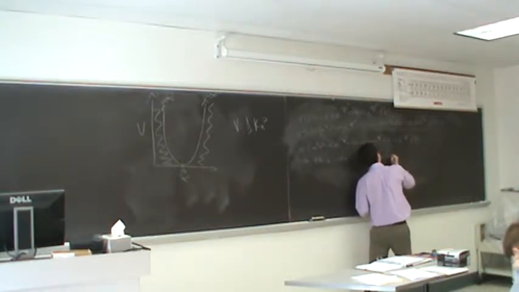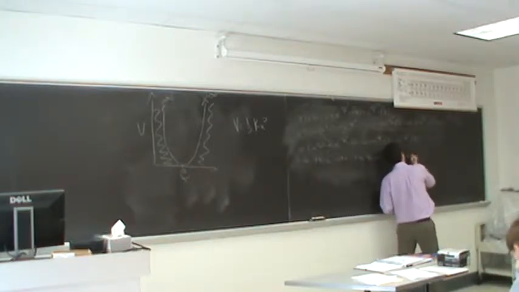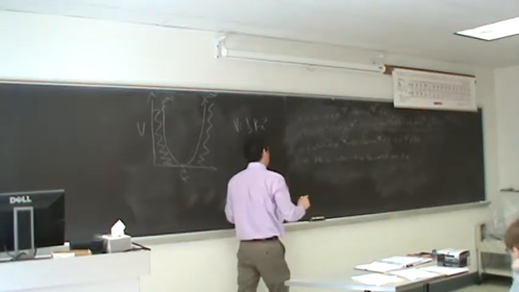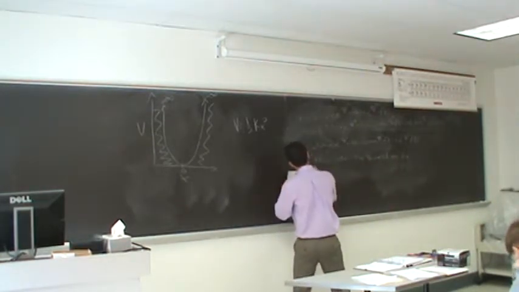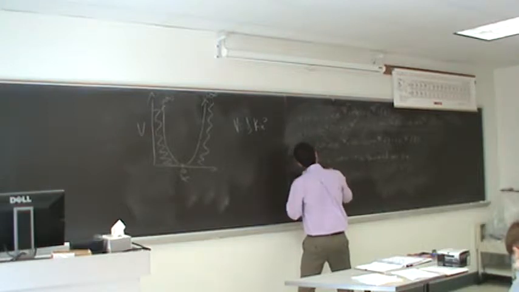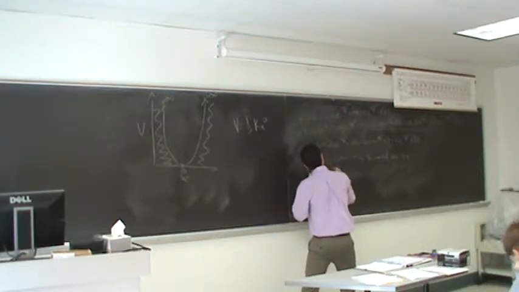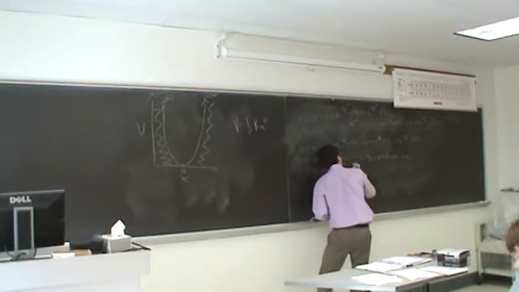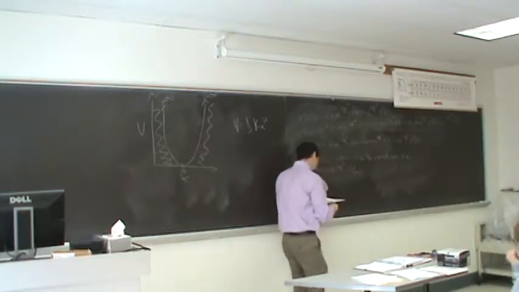Okay. And we're also going to sub psi of x equal to e to the negative alpha x squared over 2 times f of x, all into the Schrodinger equation.